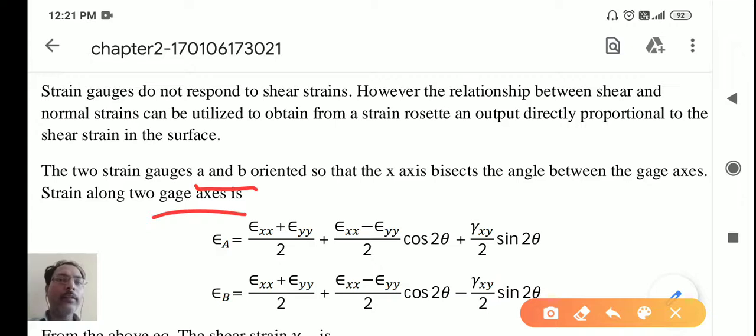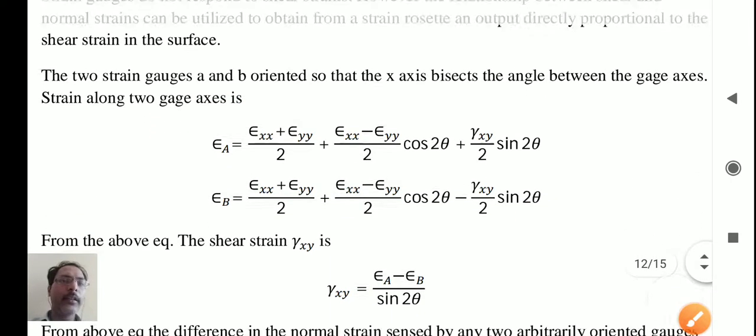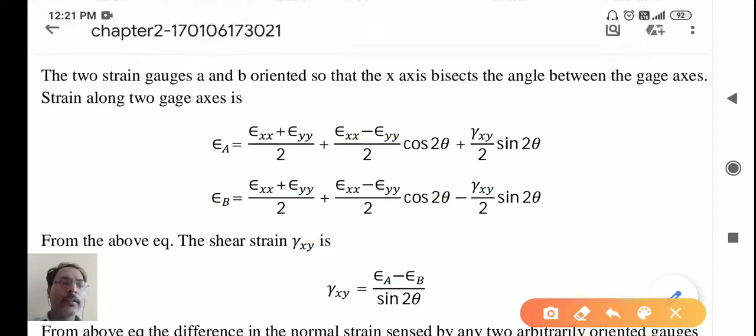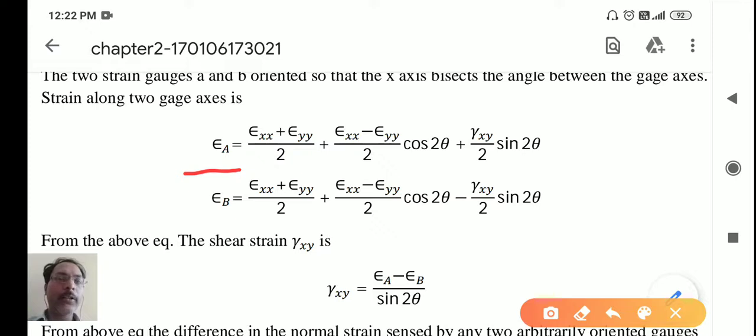So we have two gauges which are bisecting the x-axis, and that is what we are going to consider here. You can see these are the equations. This is the strain developed in gauge A and this is the strain developed in gauge B, related to epsilon xx and epsilon yy.